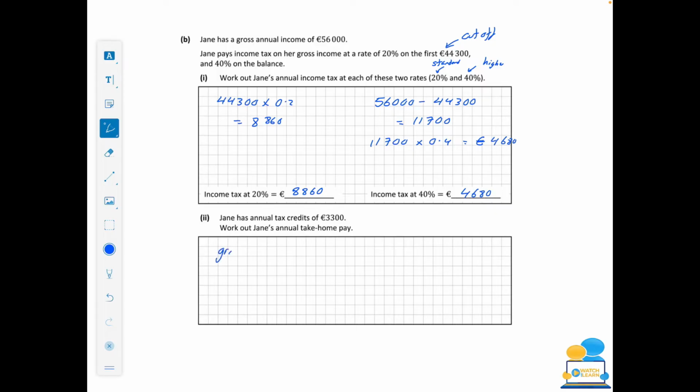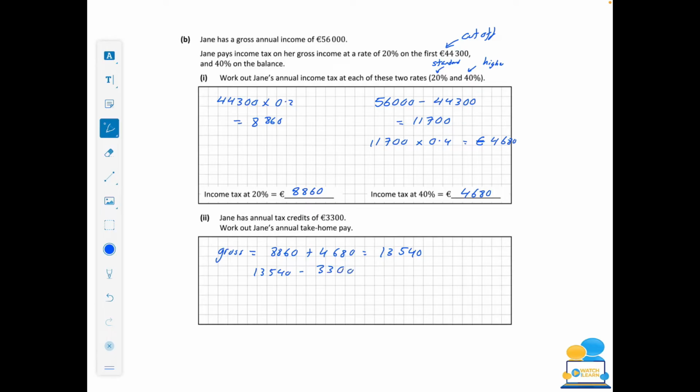So someone is telling her that her gross tax, or the amount she should be paying, is 8,860 plus 4,680. So that's 13,540. Then her tax credits, like a present, are a good thing, so she doesn't have to pay that full amount of 13,540.